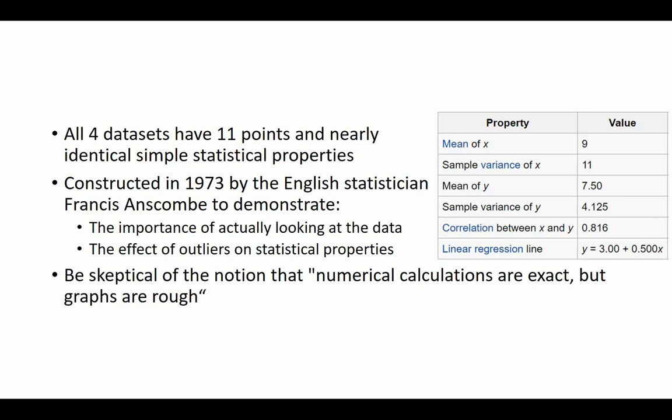The first was the importance of actually looking at the data, which is very often neglected because people have the sense that statistics is very accurate and objective, and graphs are subjective and inaccurate.